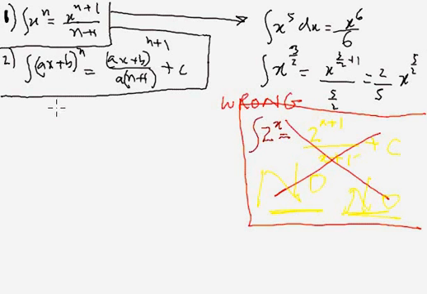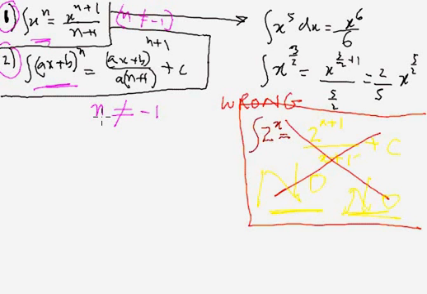The most common mistake regarding the second formula is here. Just remember, in both of these formulas there is a certain condition which holds for both, and that is n cannot be equal to -1. Here n cannot be equal to -1, and also here.